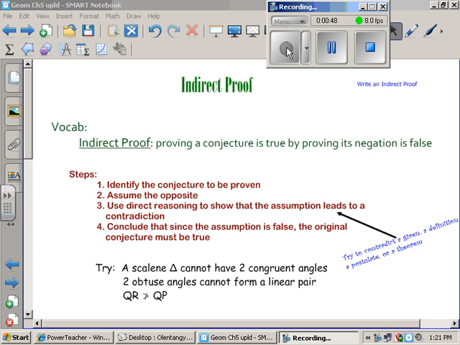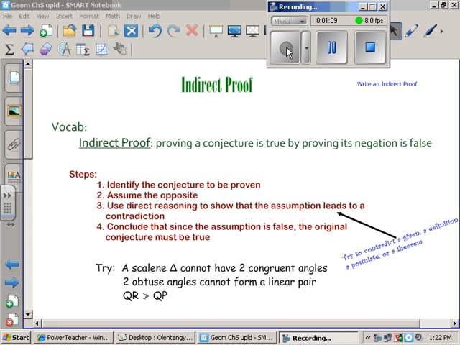Well, I could go through all the different kinds of congruent angles and prove it doesn't work, it doesn't work, it doesn't work, but that would take forever. What an indirect proof does is flip it around, and then you just use your normal method of solving a proof to prove that it can't work.